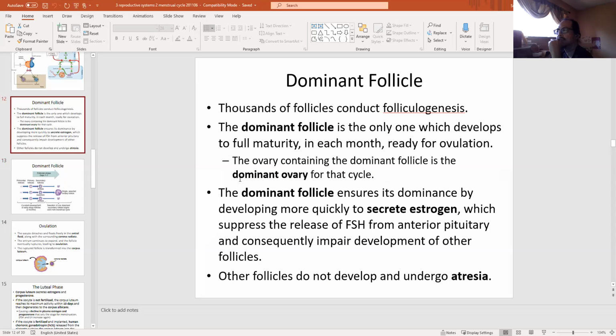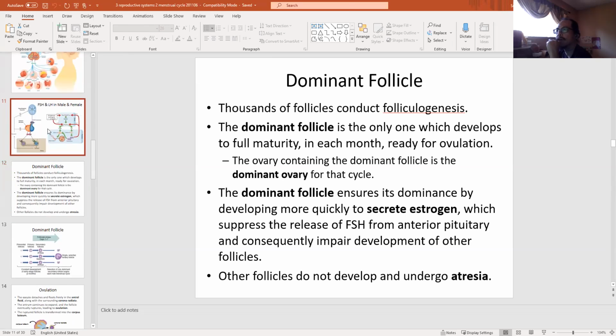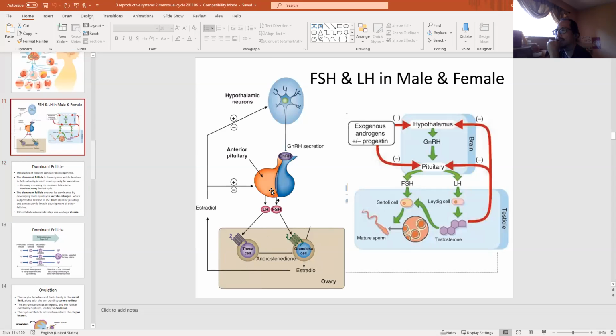So how do these dominant follicles do that? They have more granulosa cells, thicker cell layers, and they produce even more estrogen. That estrogen provides negative feedback to the pituitary and hypothalamus, and that makes the follicle stimulating hormone become less and less. The more it grows, the lower the FSH is.